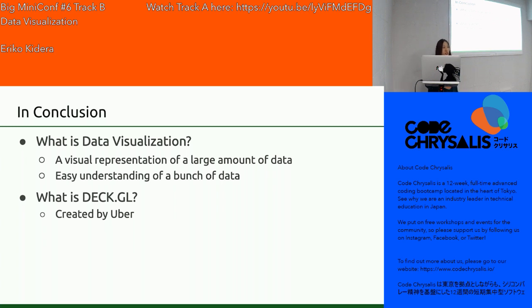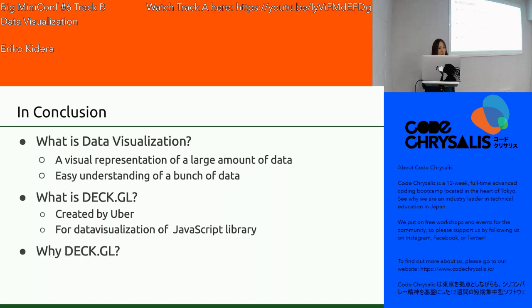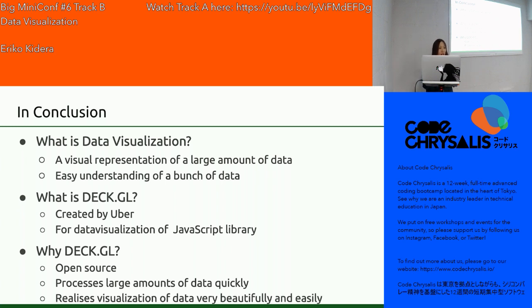DeckGL is created by Uber, and it is a JavaScript library for data visualization. Why do we use DeckGL? Because it is open source, processes large amounts of data quickly, and realizes data visualization very beautifully and easily.